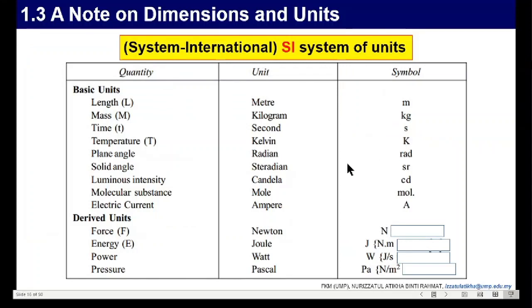Here I list several important SI units that you will usually find in thermodynamics and also fluid mechanics. Newton equals kilogram meter per second squared. Of course, this is a secondary dimension because Newton is derived from the primary dimensions. Then joule is Newton meter, or kilogram meter squared over second squared.